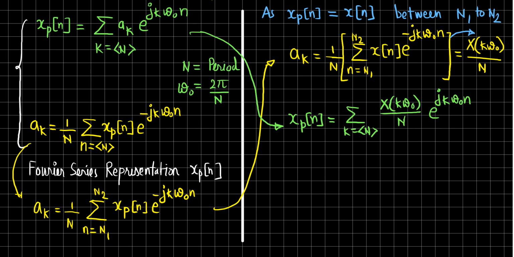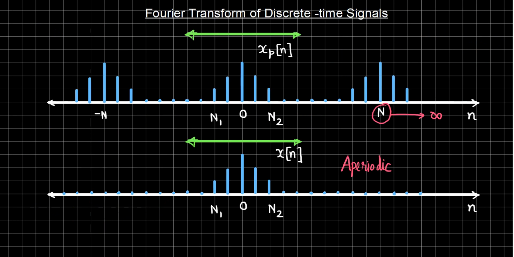Now, as we have seen, the aim of this module is to derive the Fourier representation for discrete time signals, or the Fourier representation of this aperiodic signal, that is x of n. We may see that this x of n is nothing but the part of x_p of n having N tending towards infinity.